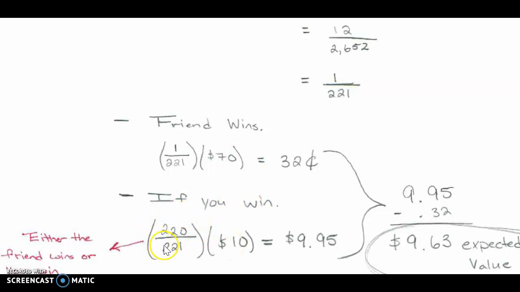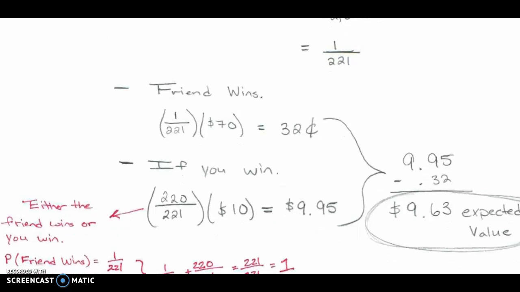But where did I come up with this 220 over 221? Well, I try to write a note off to the side. Let me scroll all the way down here and move this down a little bit. Okay. So the 220 out of the 221 are the leftovers. His probability was 1 out of 221.